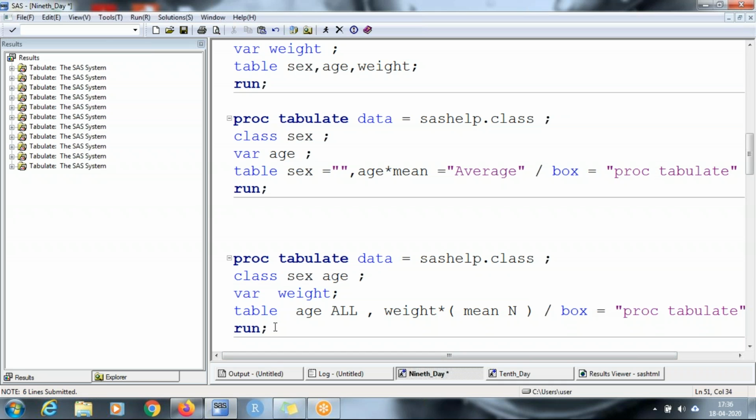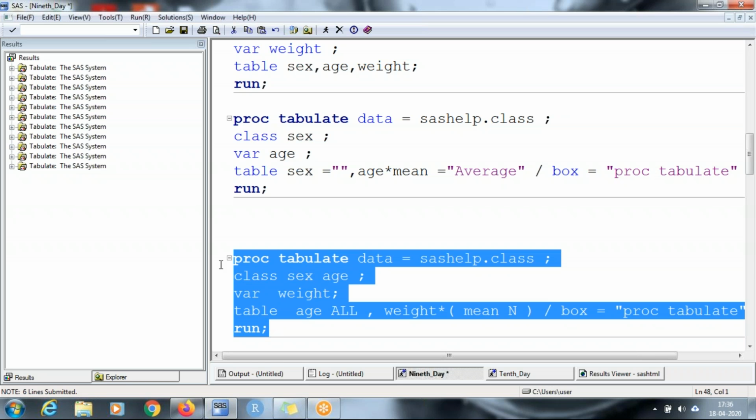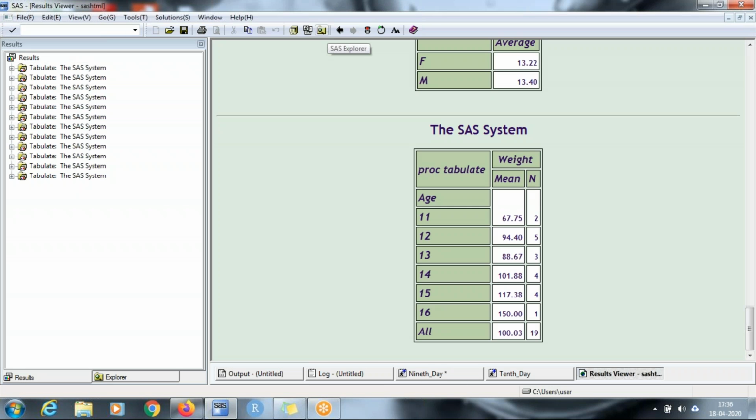Now I'm introducing you to a new word, this is all. All is a keyword which will give you a total for that particular statistic. So let me show you the output and you will be able to understand now. So this is because of the all. So mean of all is 100.9 and count of all is 19.